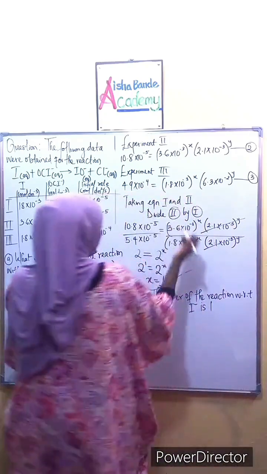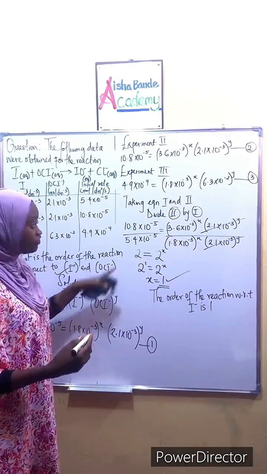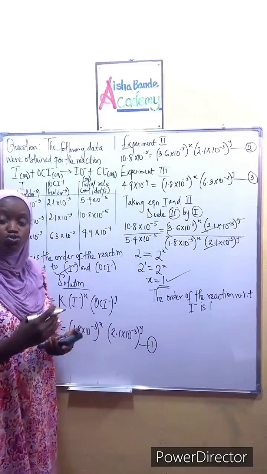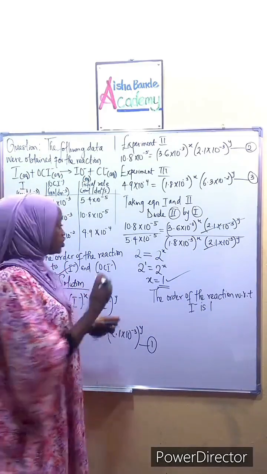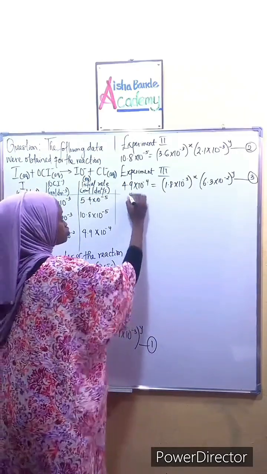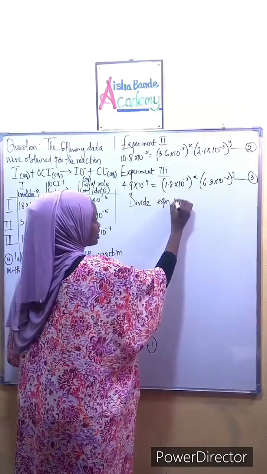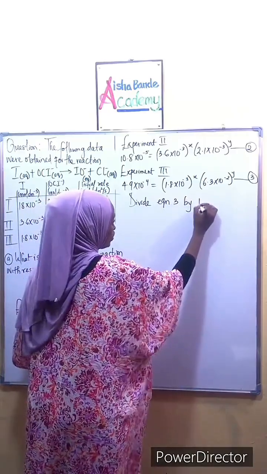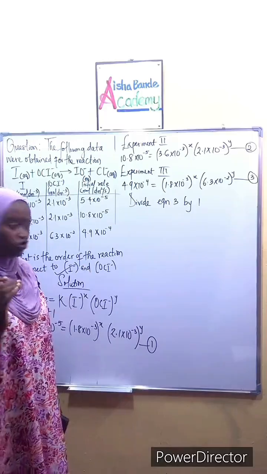So for us to continue solving, to get the other answer, which is the value of y, what we need to do is to take equation 1 and 3 now into consideration. So now what we need to do is to divide equation 3 by 1. Dividing equation 3 by 1 will give us the value of y.